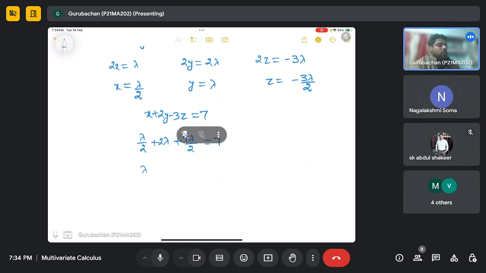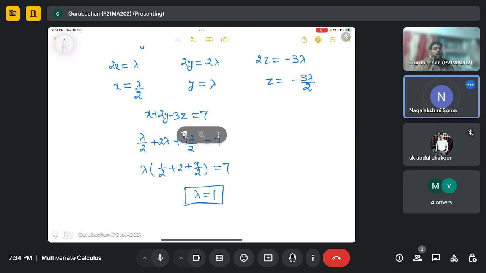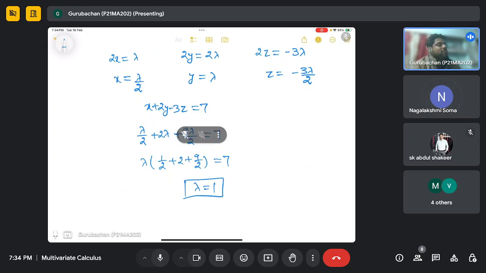Lambda common: 1 by 2 plus 2 plus 9 by 2, 9 plus 1 is 10, 10 divided by 2 is 5, 5 plus 2 is 7, and lambda will be equal to 1. Since lambda equals 1, x will be 1 by 2, y will be 1, and z will be minus 3 by 2.